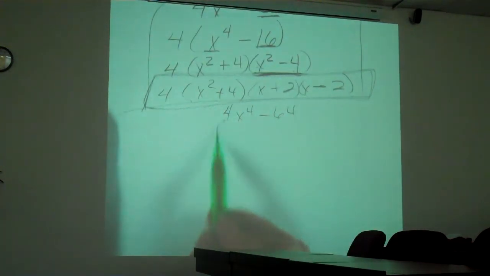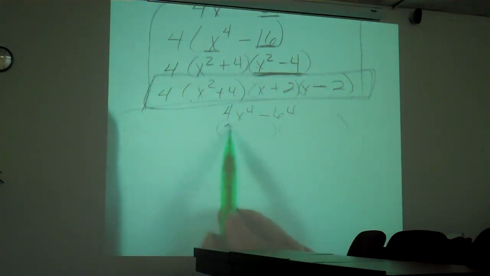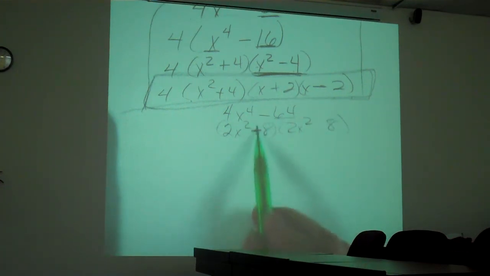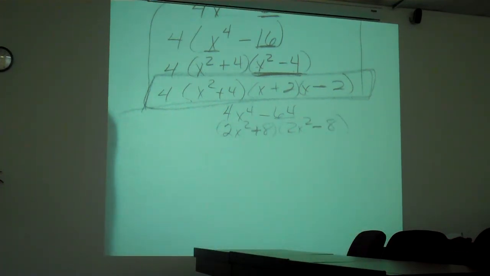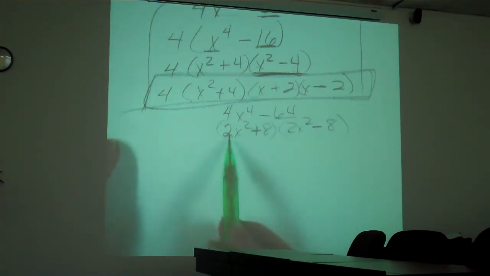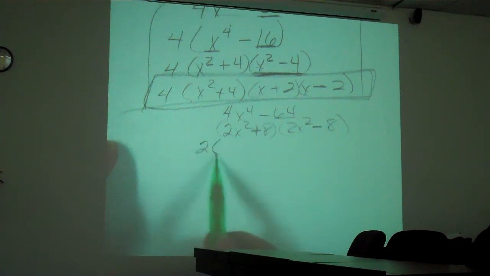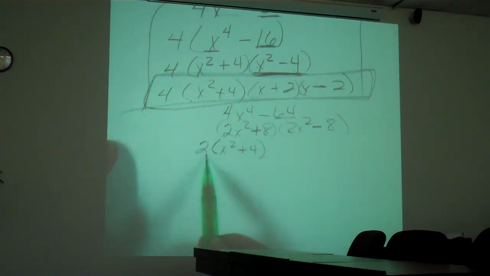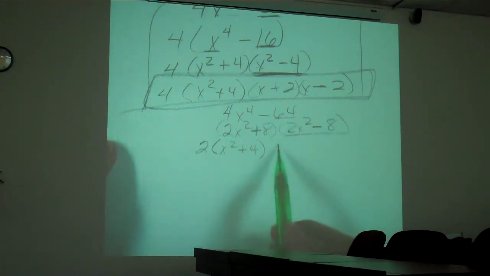Okay, perfect squares, we could do it 2x squared, and 64 is 8 times 8, right? That's how we started the other one. Okay, we need to factor the 2's out. That's factoring the 2 out of that one. We need to factor the 2 out of that one.